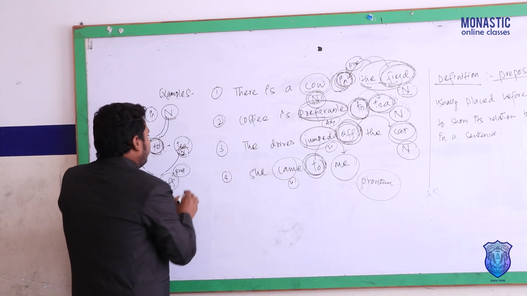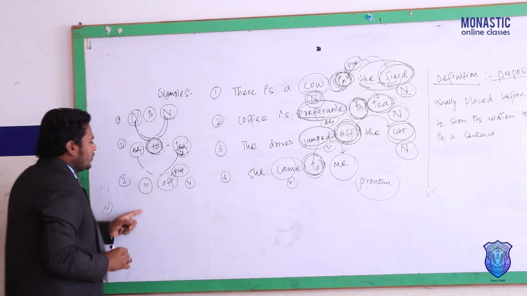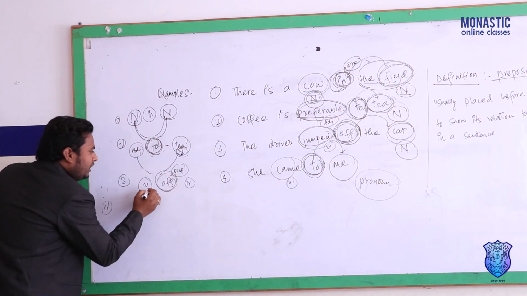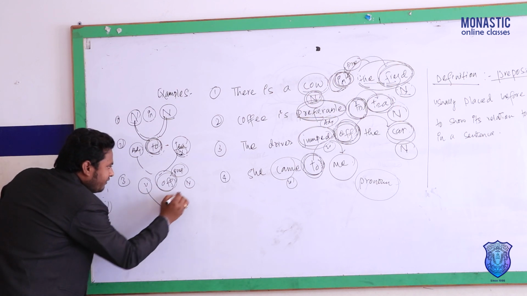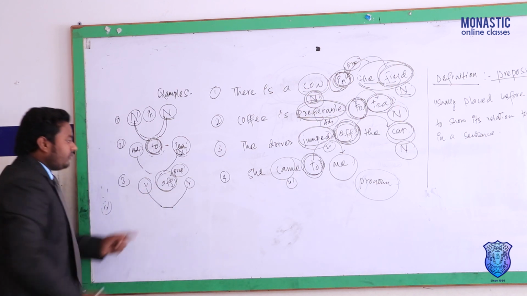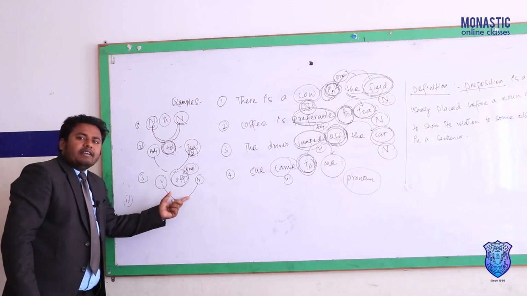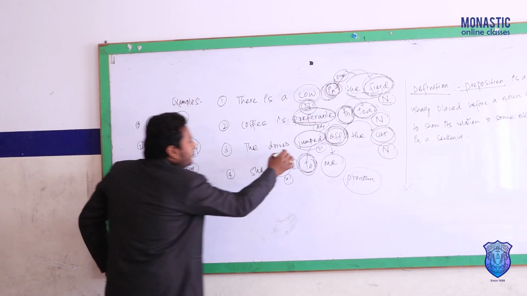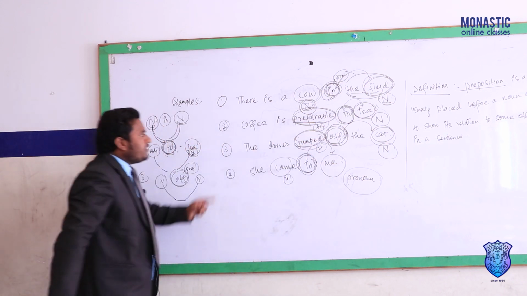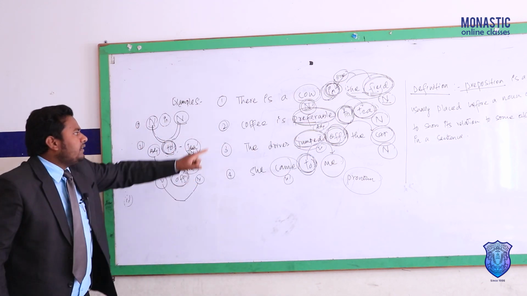So off shows the relation between the verb and the noun. Off shows the relation between the action expressed by the verb, that is jumped, and the noun, that is car.